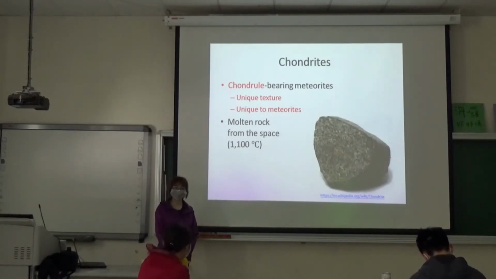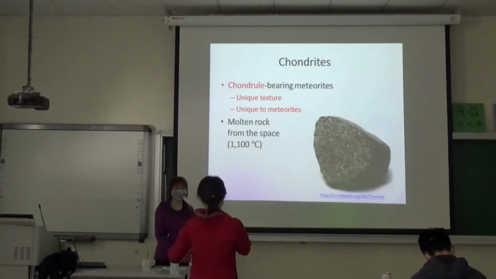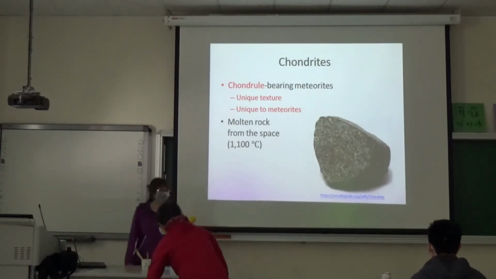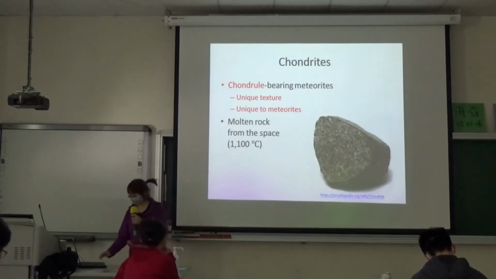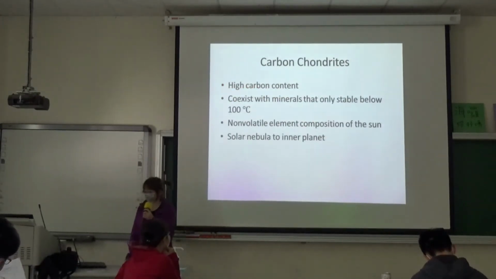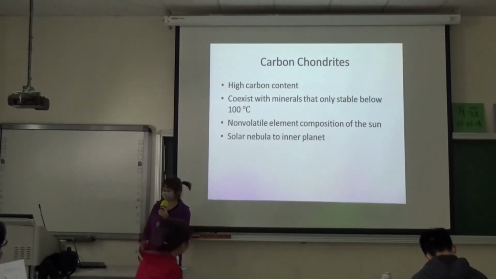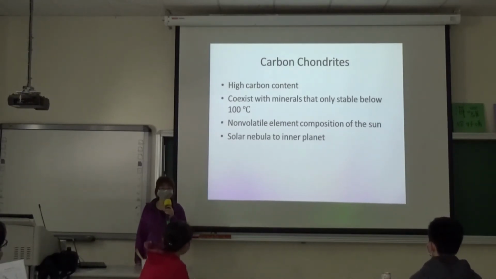So what's the difference and why is there such a difference? Because the carbonaceous chondrite has a high content of carbon, but the other doesn't. Why?